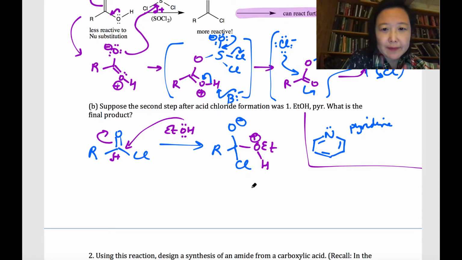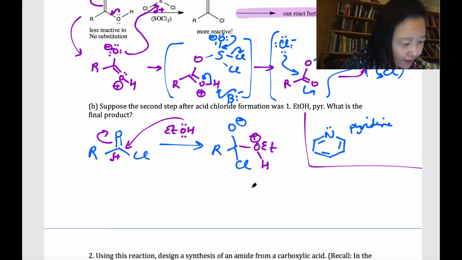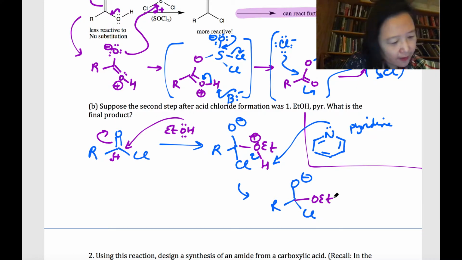Before I do that, maybe I could have pyridine come in and take that hydrogen and make that less of a good leaving group. So maybe something like that. Or you can show them at the same time if you like. And then at this point, bring it down and release that.